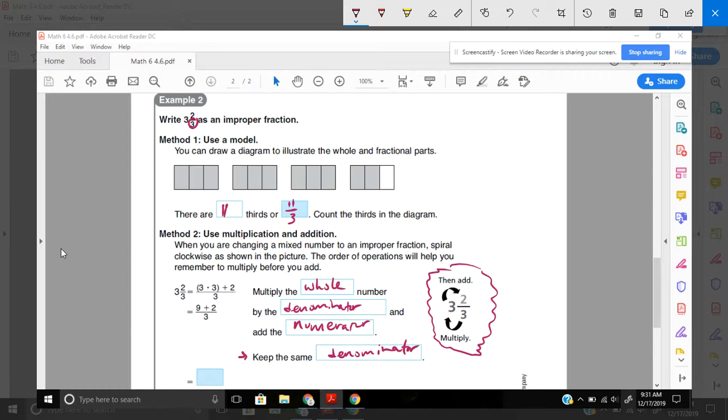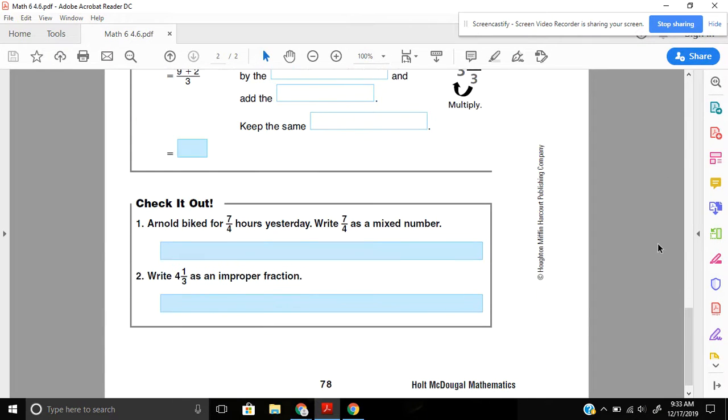All right, so 3 times 3 is 9, plus 2, 9 plus 2 would give you 11, and keep the same denominator of 3. Okay, so you'll see that we got the same answer as we did from using a model. I tend to use this more often because it's a little bit quicker, but this is a very good visual representation as well.